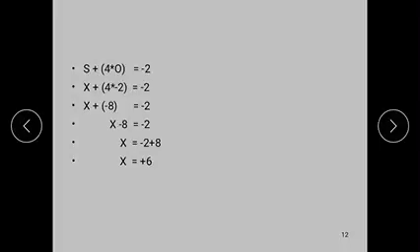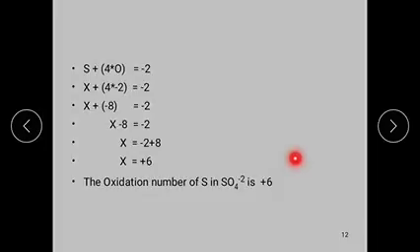Then X equal to plus 6. Here sulfur is a sixth A group element. It means the calculated oxidation number of sulfur in sulfate does not exceed its group number.